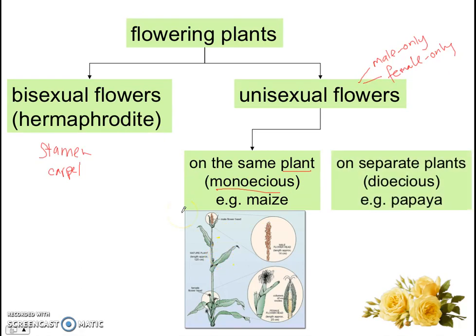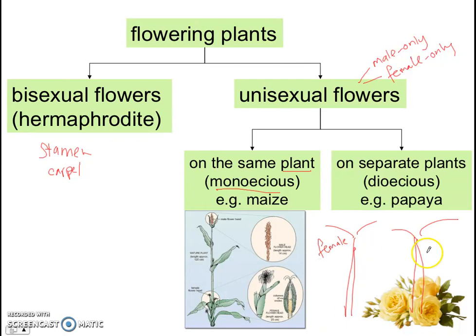But then there's another kind of plant called the dioecious plant. So in dioecious plants, the unisexual flowers are on different plants. So an example of this is the papaya. So in the papaya plant, you will find some papaya trees where all the flowers are female.